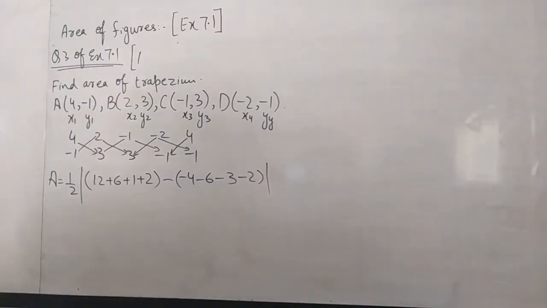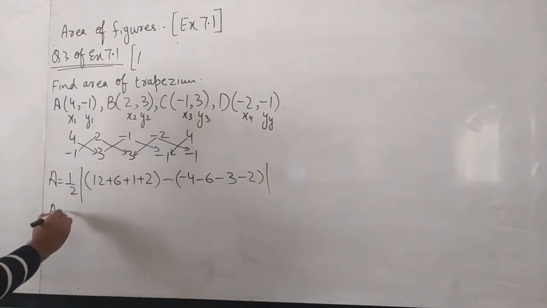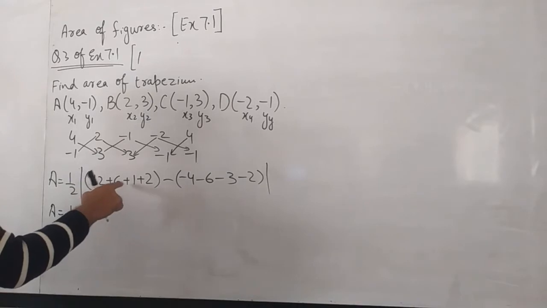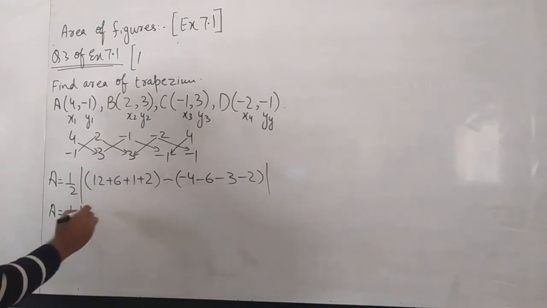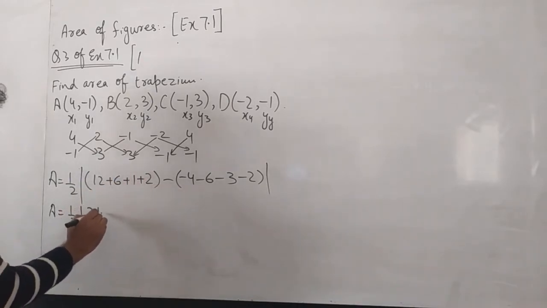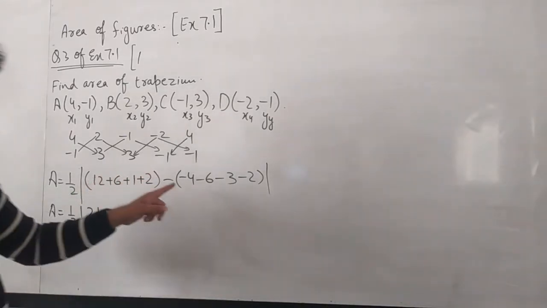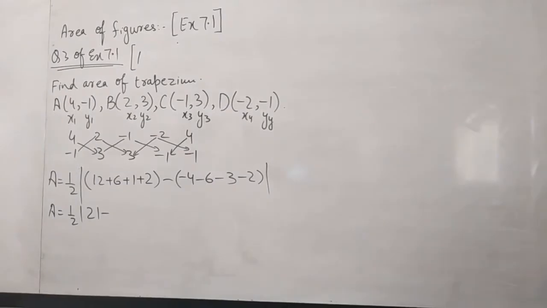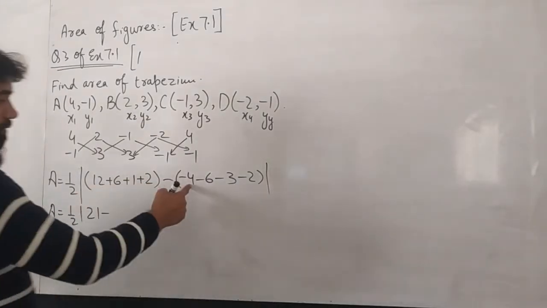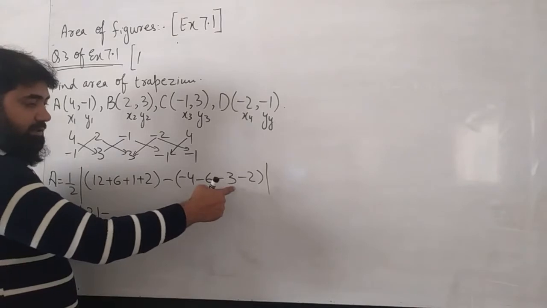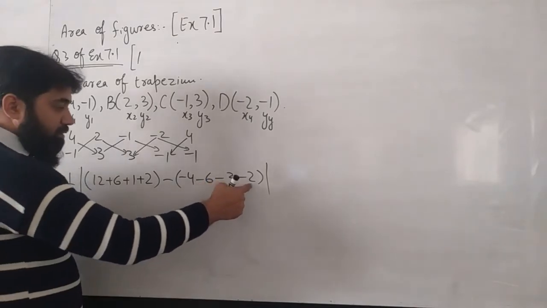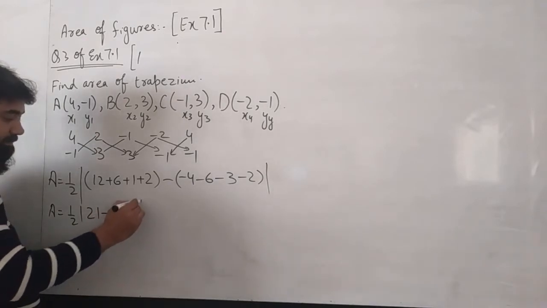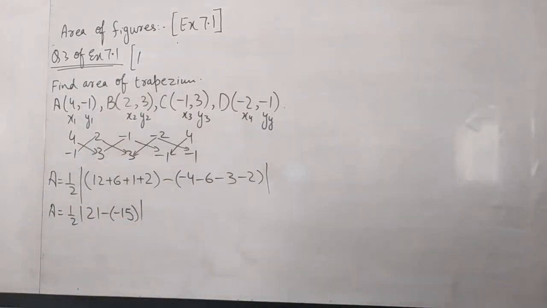Okay, A equals half, 12 plus 6 is 18, 19, 20, 21, minus 7, 6, 4, 10, 4 plus 6 is 10, 10 and 3 is 13, 13 and 2 is 15, so it's coming minus 15 over here. Okay, it's coming minus 15.